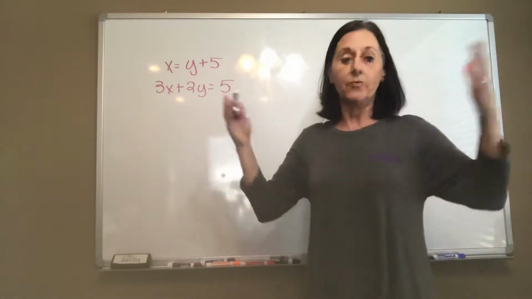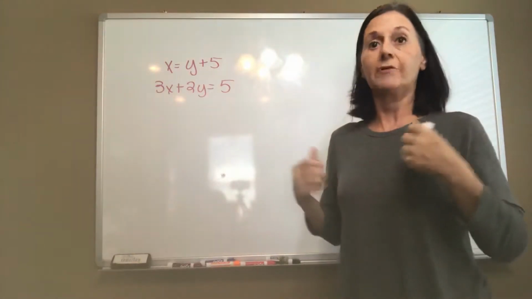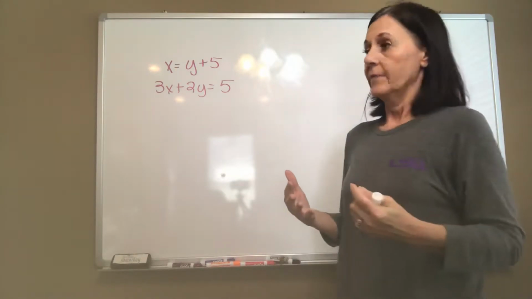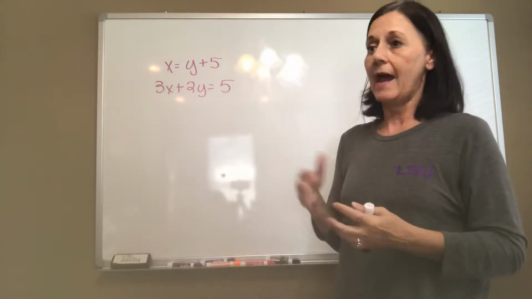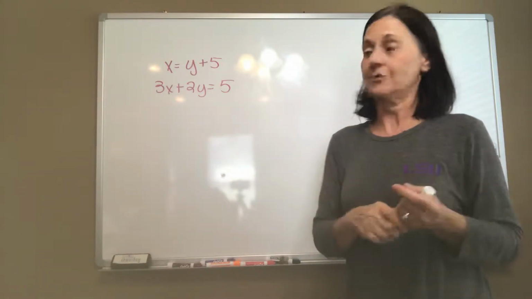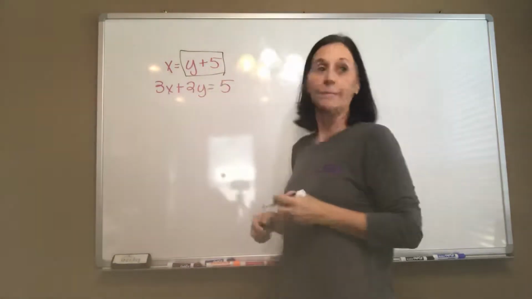Like in all of your higher level maths, you will use substitution. It will feel different, it will be harder, but you will still use substitution. So as my boys have gotten higher in their maths, it's harder to remember the simple things like substitution.